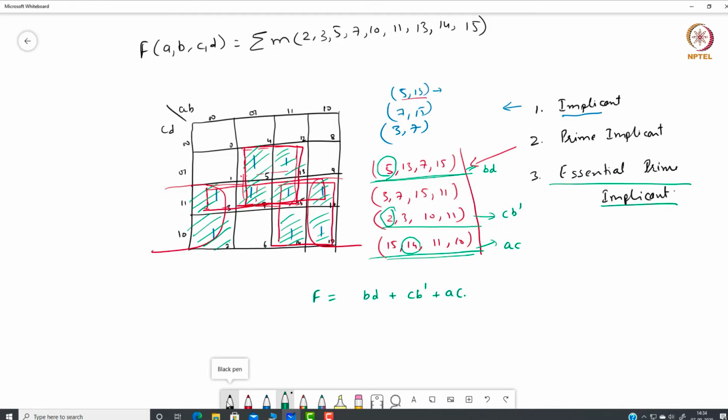So let us quickly take one more example that will help us understand this whole procedure of finding essential prime implicants and finding the most optimized expression.